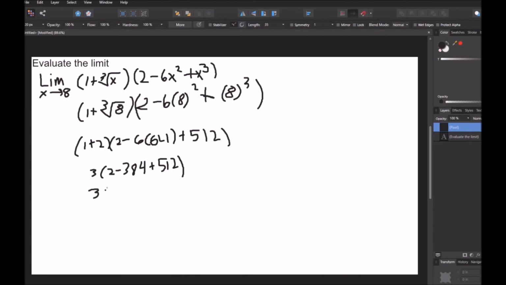So that's 3 times negative 382 plus 512. And 512 minus 382 is going to be 130. So we have 3 times 130, which is 390. And that would be your final answer.